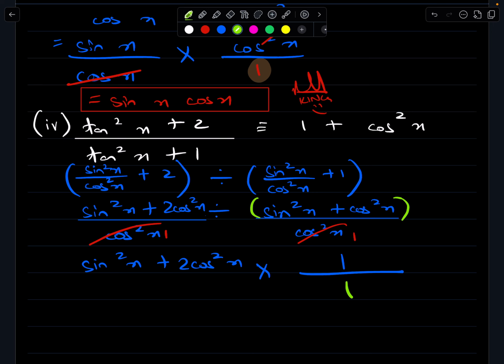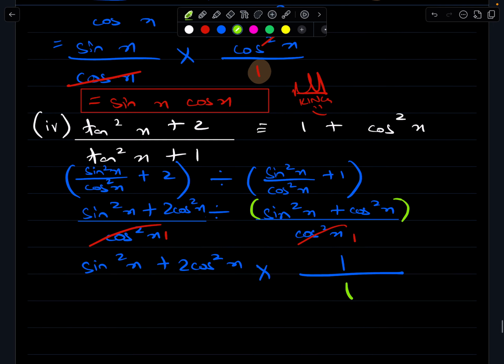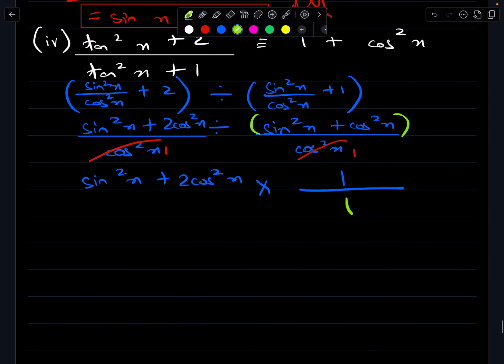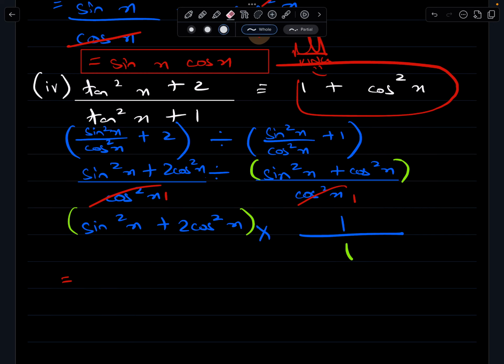So we have 1 over 1. Alright, interesting. So we'll just simplify this part. We have the right hand side in terms of cos again.